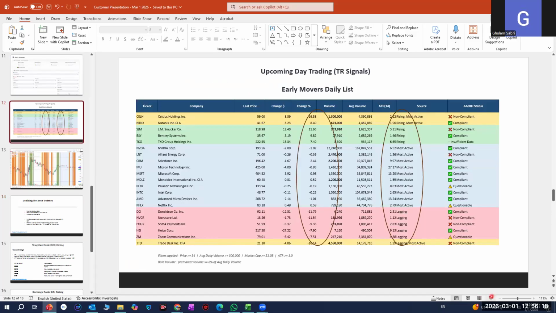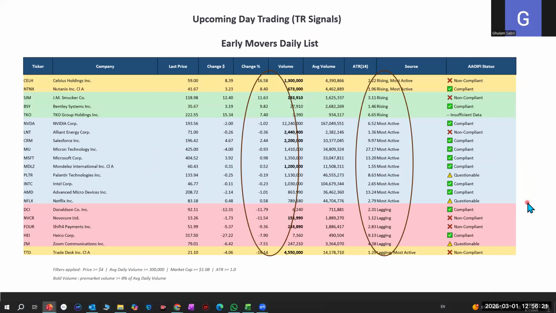It will give you a daily list of moving stocks in the morning for that particular day, based on a number of parameters. There should be solid, liquid stock, not something that does not trade a lot, in a certain price range and market cap, and the trading range should normally be more than one or two.